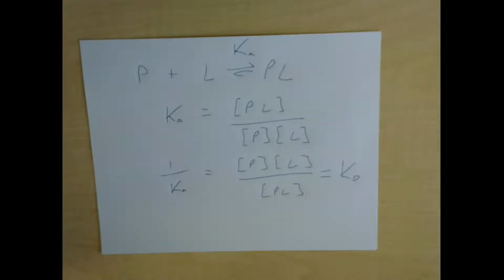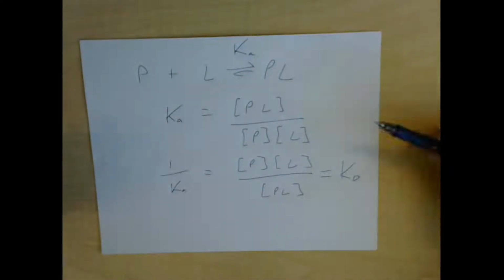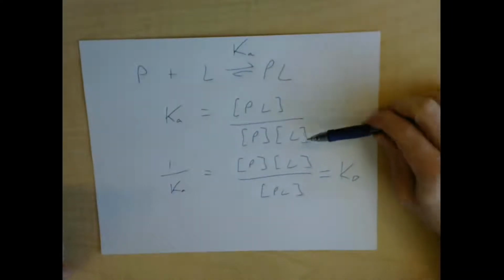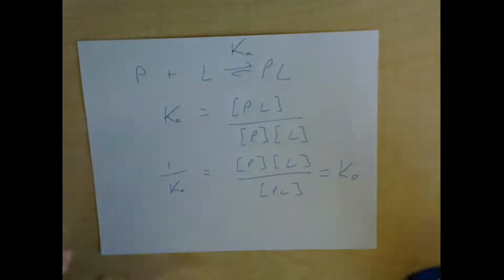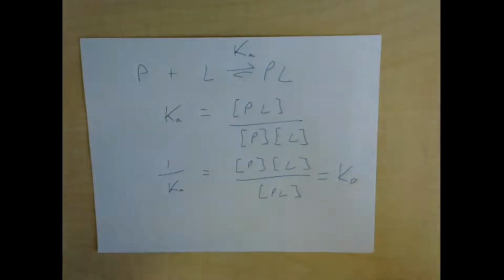But whether you're using Ka or Kd, all we are looking at is the quantitative expression of the equilibrium between the complexed, and what I mean by that is the bound state, and the unbound state. So all this ever is a ratio of one thing to another. That's all this is, so don't try to overcomplicate this.